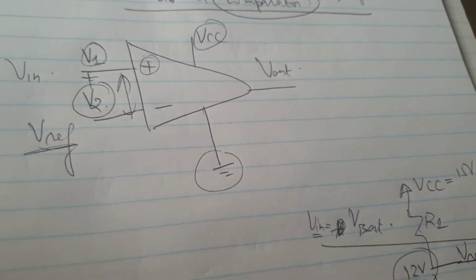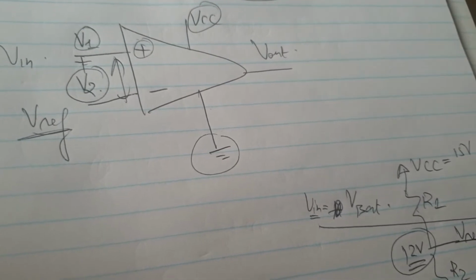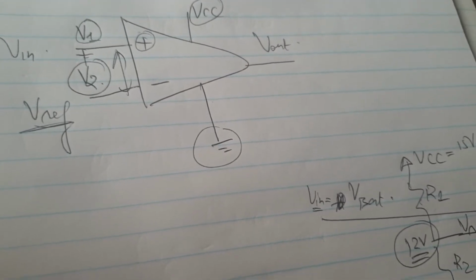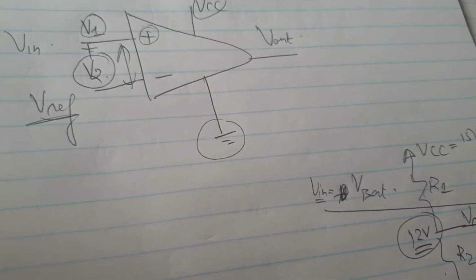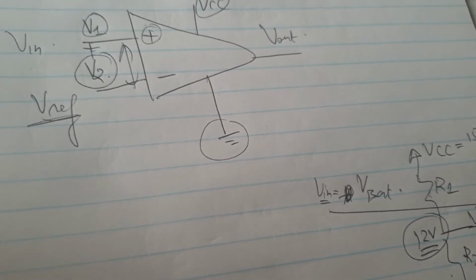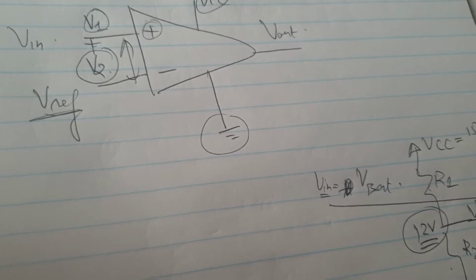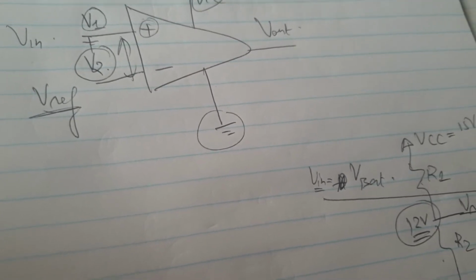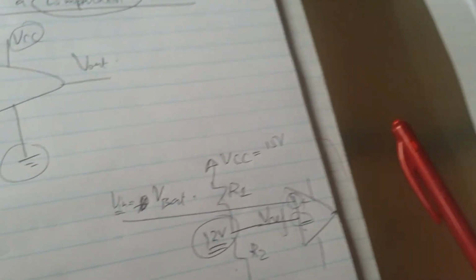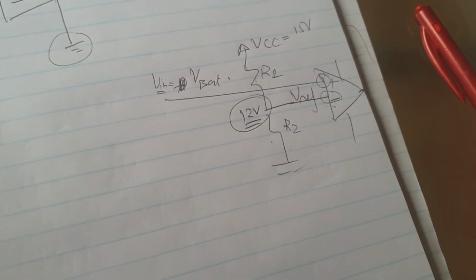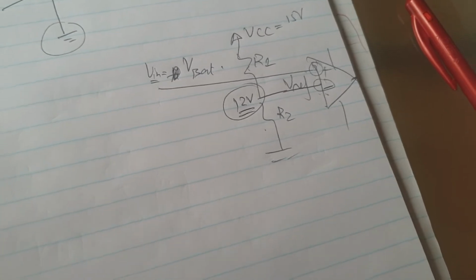Okay, so an operational amplifier, when the two inputs of it are connected to two different voltages, you notice that there will be no feedback resistor involved when using an operational amplifier as a comparator.